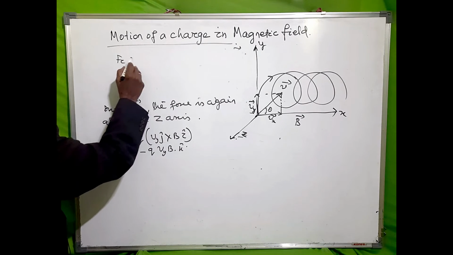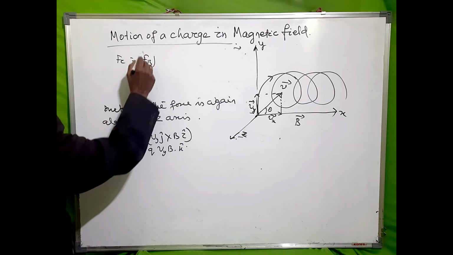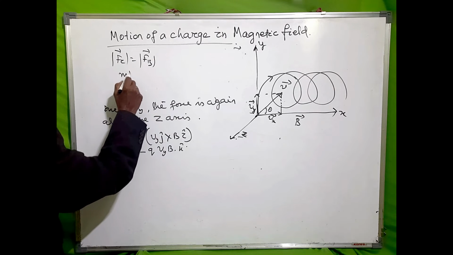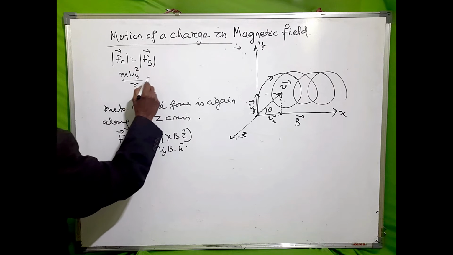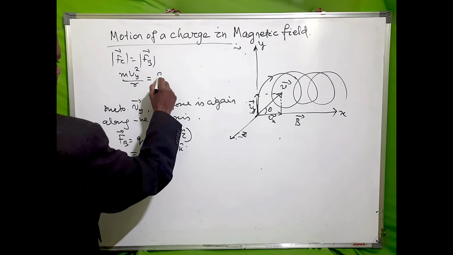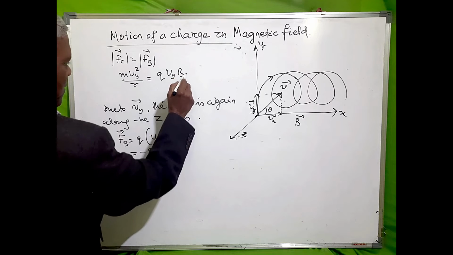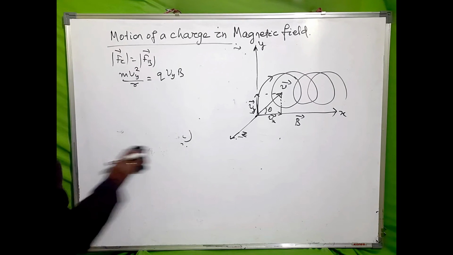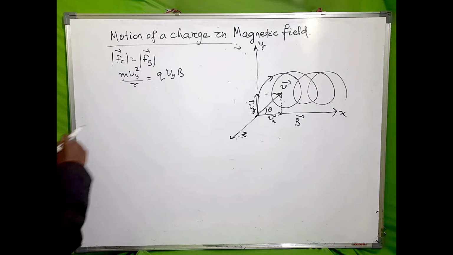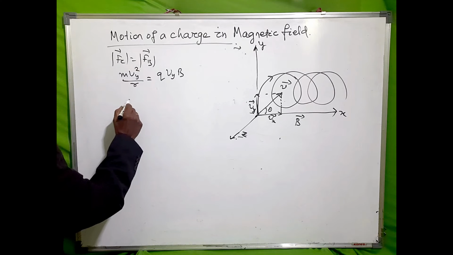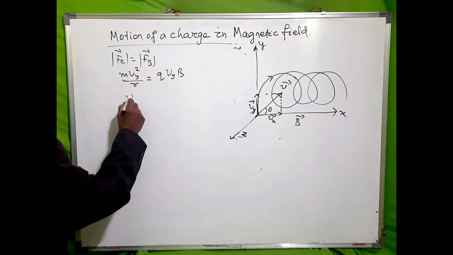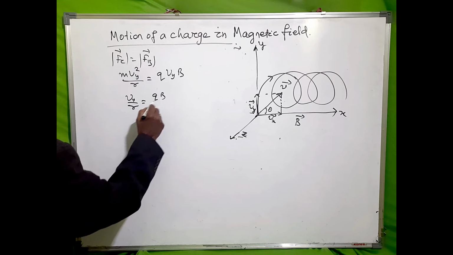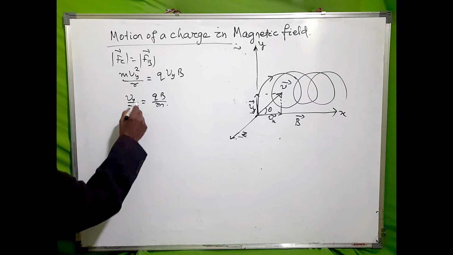Here Fc is equal to again Fb, or you can say that m Vy square by R is equal to Q Vy B. Or Vy by R is equal to QB by m.